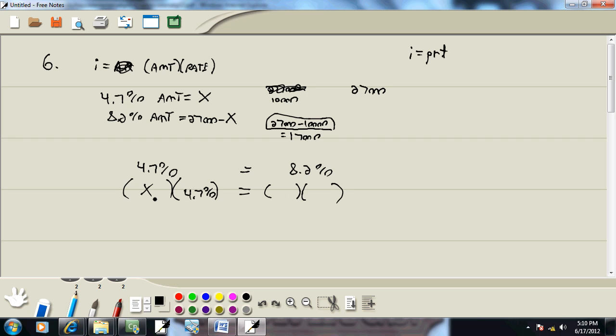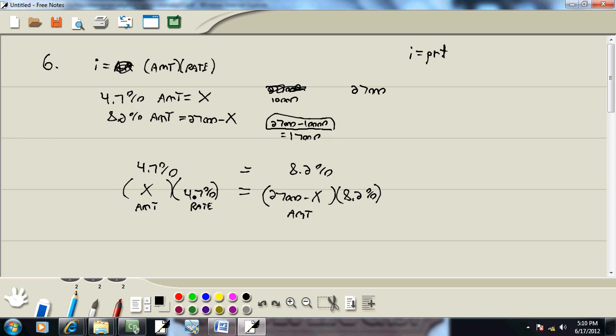Now over here, the amount is 27,000 minus X, and this will be 8.2%.